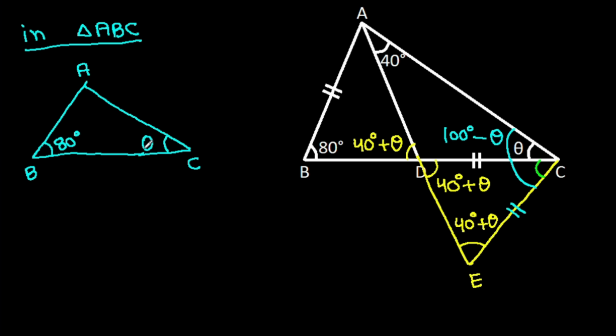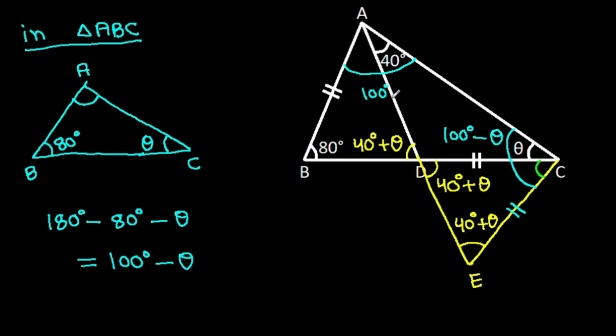This angle is theta. So this angle will be 180 degrees minus 80 degrees minus theta. That will be 100 degrees minus theta.